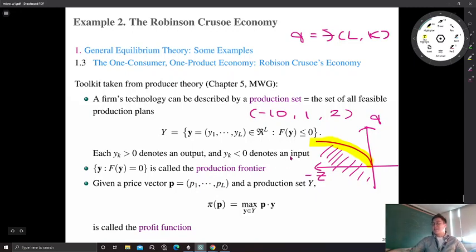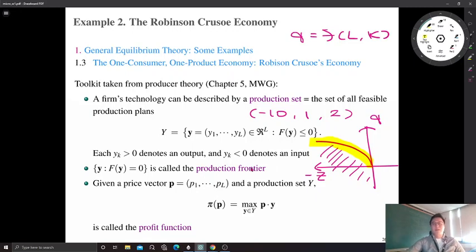Just as the budget set separates the commodity space into two regions, the set of affordable bundles and the set of non-affordable bundles, this production frontier separates input and output space into two separate regions: the set of feasible plans and the set of infeasible plans.